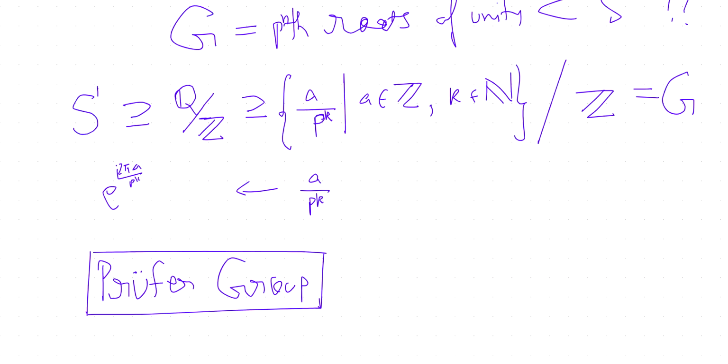That is the problem. So if you look at Mod-Z, which is a collection of all abelian groups, just a minute.